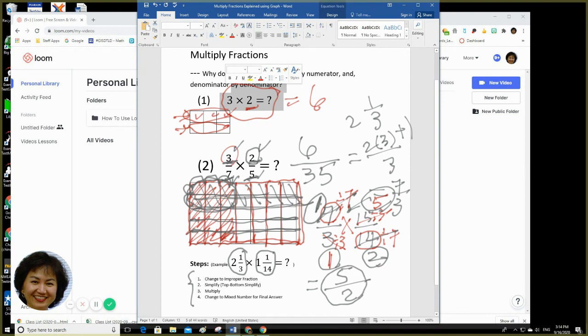Then you just change it to a mixed number. So 5 halves actually equals 2 1/2. That is my final answer. I hope that after this video, you will understand fraction multiplication better and always remember to simplify first before you multiply.